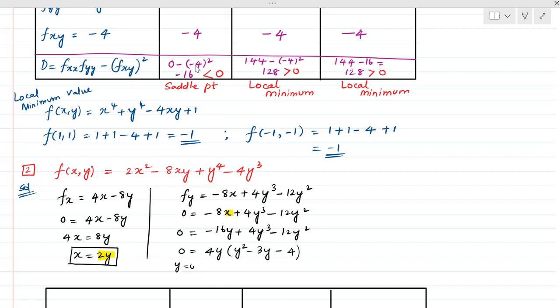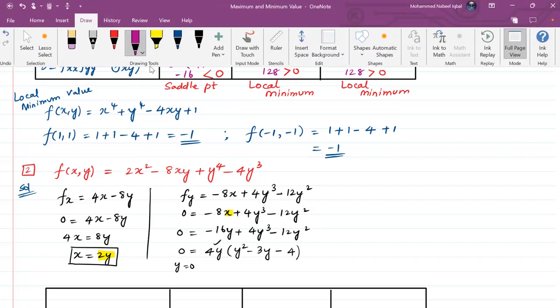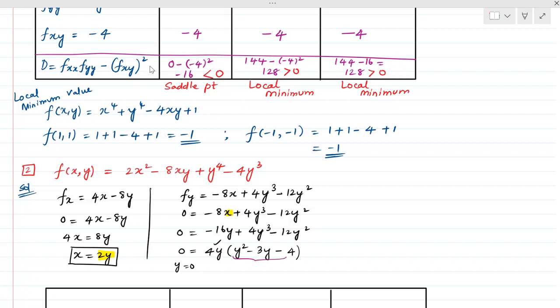Y equal 0 for this part, and for this one it is the factoring: y minus 4, y plus 1 equals 0. You will get y equal 0, y equal plus 4 and y equal minus 1.